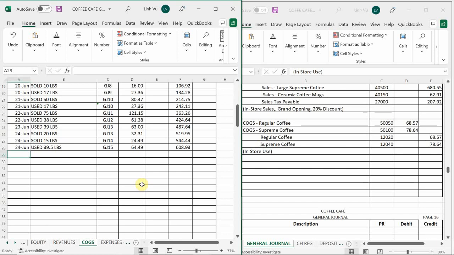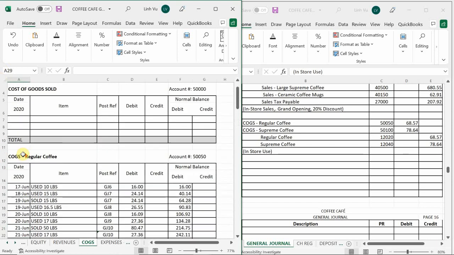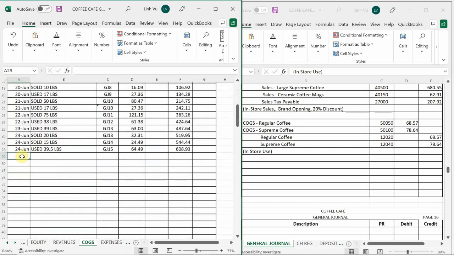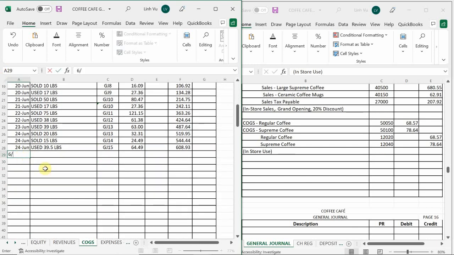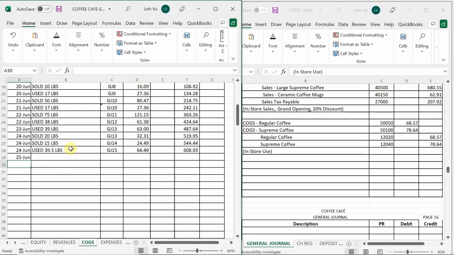Okay, so we have cost of goods sold for regular coffee. We used 42 pounds of my regular coffee for $68.57.